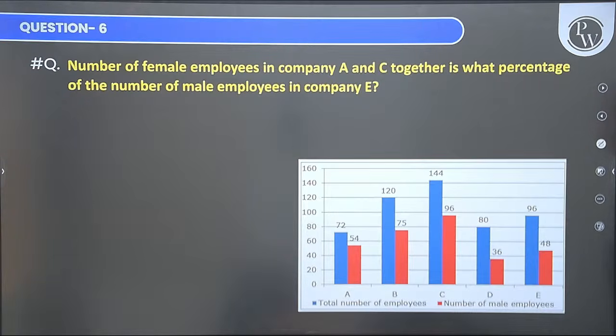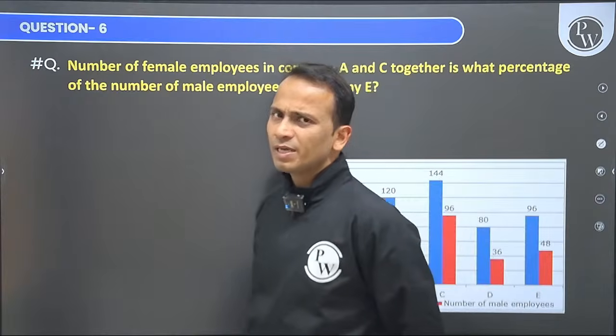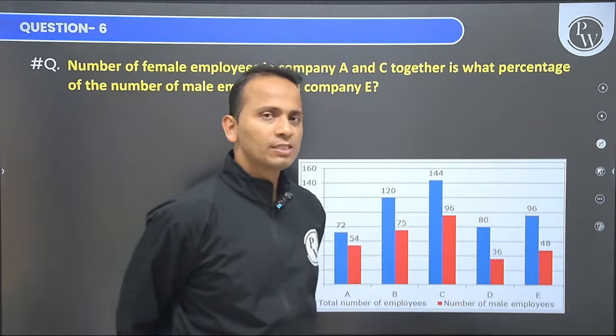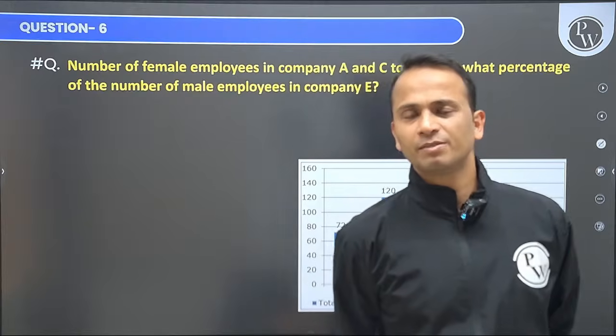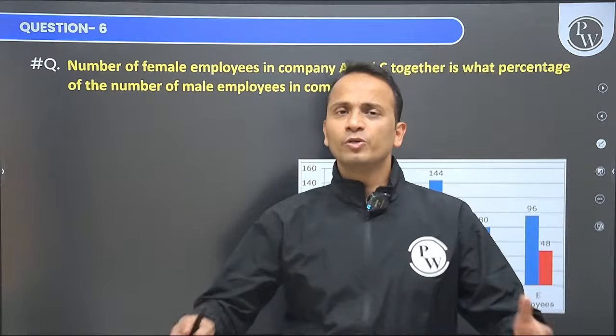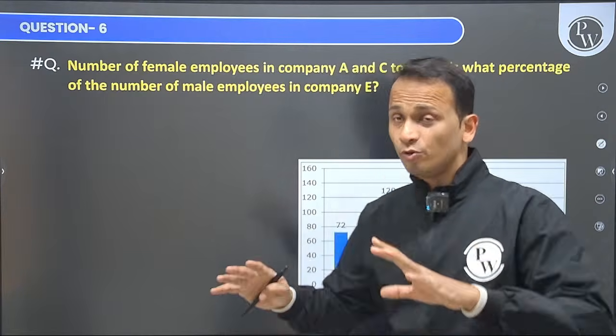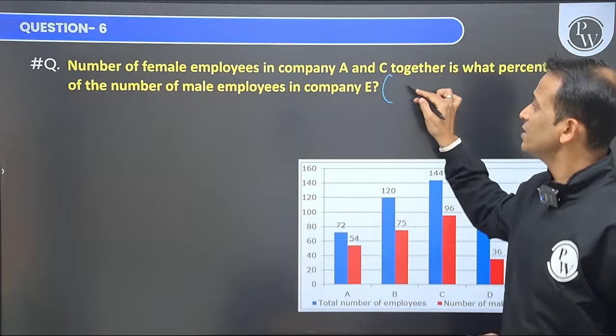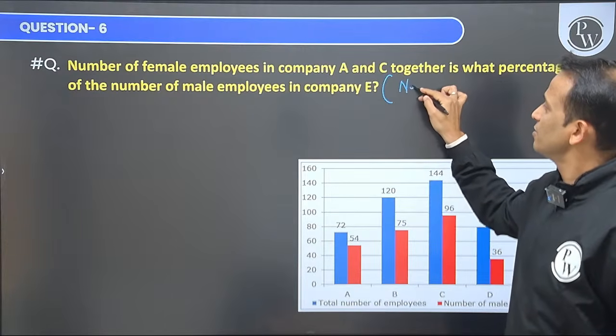So you will have to type in your answer today, and if your answer is coming up in decimals, you can write your answer up till the first decimal place, or what you can do is you can write the answer to the nearest integer. So all of you focus here.